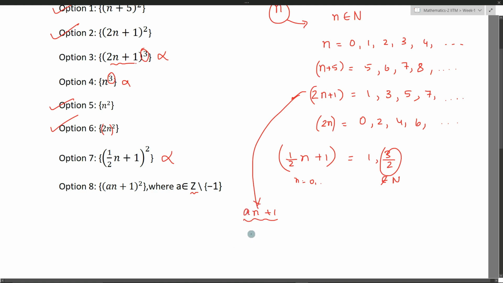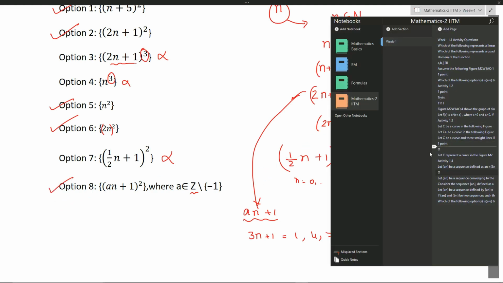Let's say if I substitute a is equal to 3, I'll have 3n plus 1. So what will be the sequence? 1 and 4, 7, etc. So if I substitute any value for a, I'll get the same subset of n. Again, this option is also correct.